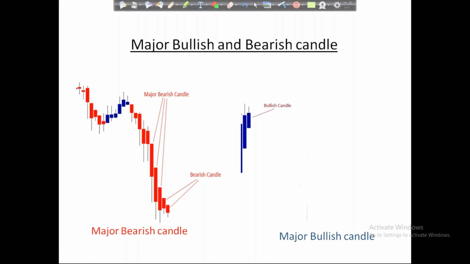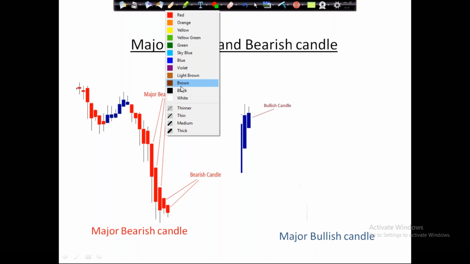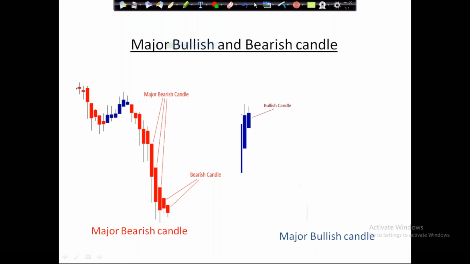Now, focus on what I'm going to tell you. Let me change the color here, green. Now I can see prices running down, down and down. Weak candle, weak candle, then strong bearish momentum candles.